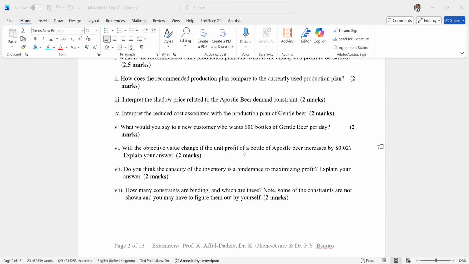If you're using the one here, it's 26,100. That's what is being used, so it cannot be a hindrance to maximize profit. So do you think the capacity of the inventory is a hindrance? No, it cannot be, because we are producing below that capacity.